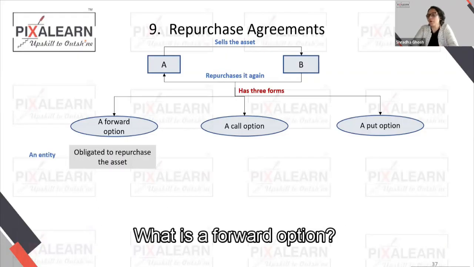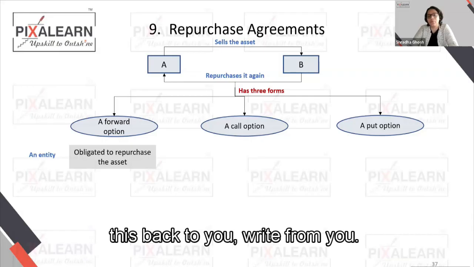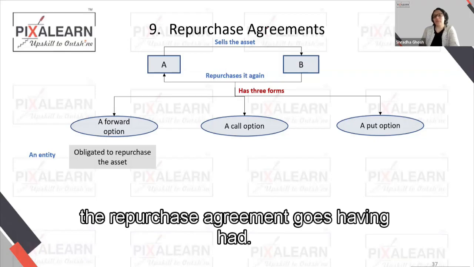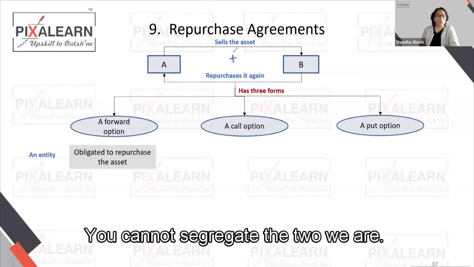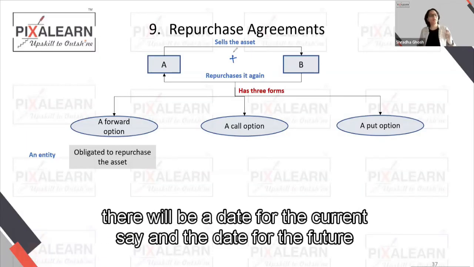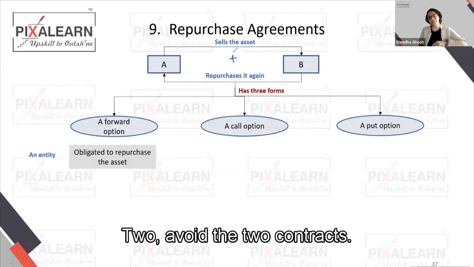I am selling it to you, and there is an obligation that I will repurchase it from you. It's one agreement, and the sale agreement and the repurchase agreement go hand in hand. You cannot segregate the two. So A will sign two contracts with B, bundled into one, with a date for the current sale and a date for the future repurchase. Neither A nor B has the option to avoid the two contracts.